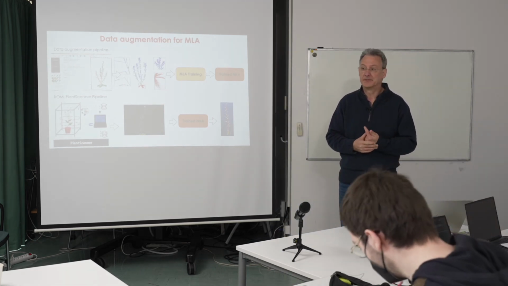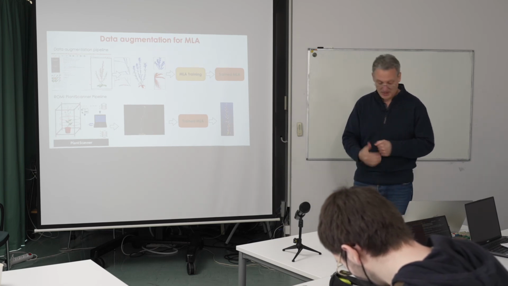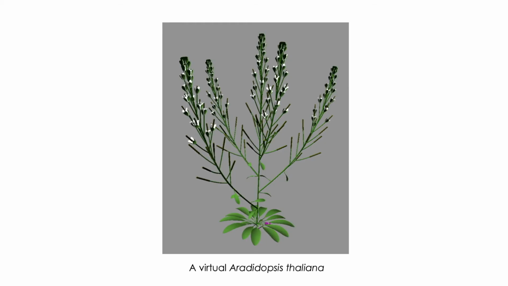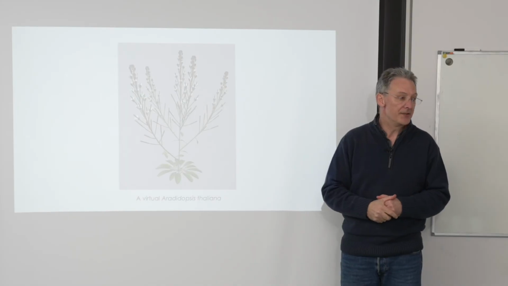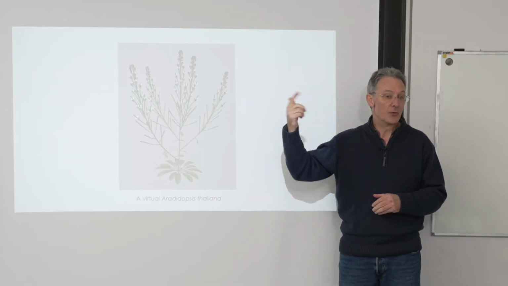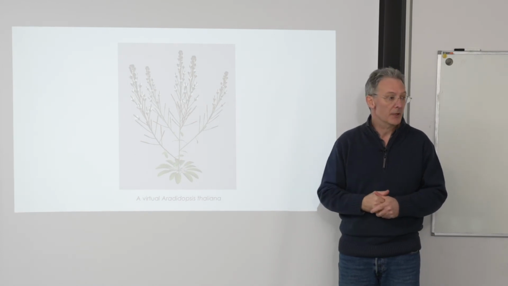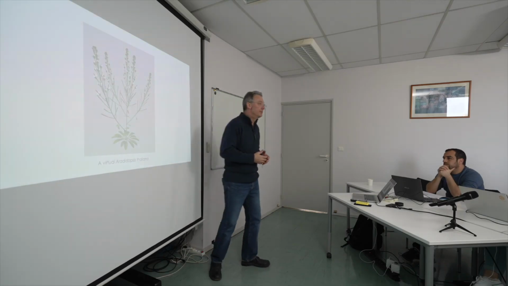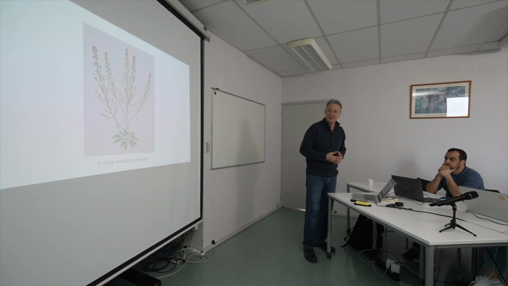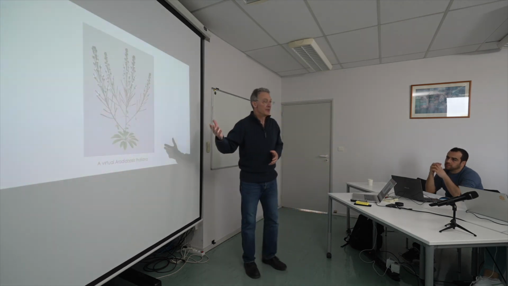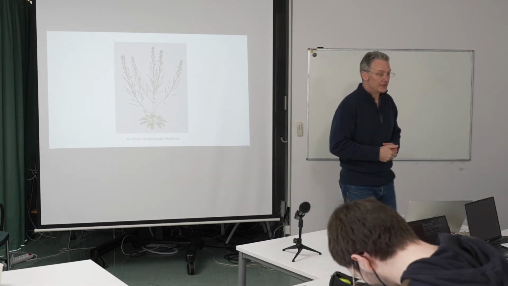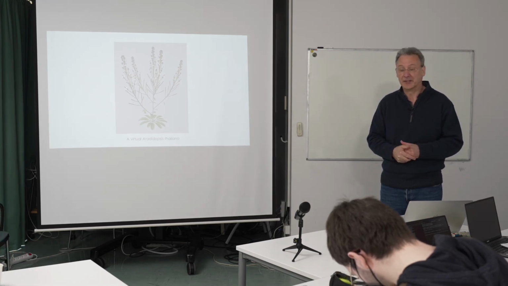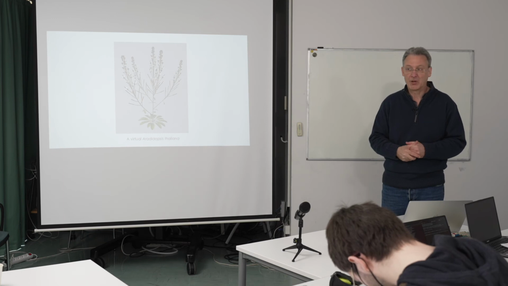Other questions? No? That's okay? This is finally the type of thing that we want to do, in order to be able to train these systems, but also to answer other questions, education, botany, etc. It would be nice to be able to build in the computer this 3D representation of plants for different species and with different types of constraints related, for instance, to the amount of detail that you want to put in the plant, etc. Okay?